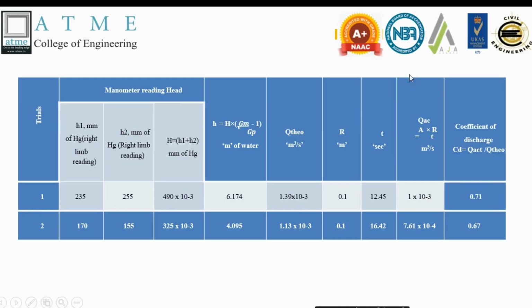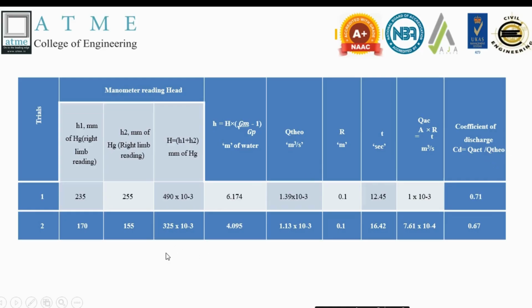For the 0.1 meter rise, the time t noted down is 12.45. With that you can calculate Q actual, A into R by T. Q actual we have got as 1 into 10 power minus 3. Once the theoretical and actual discharges are calculated, you can easily calculate the coefficient of discharge, 0.71, that is CD equals Q actual by Q theoretical.